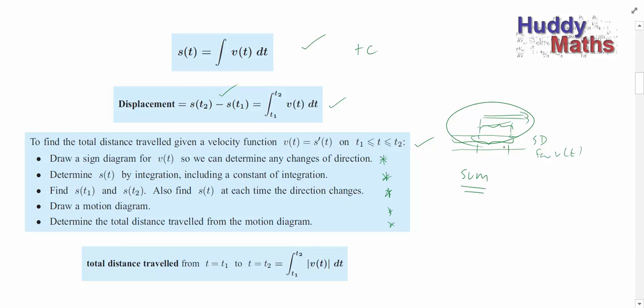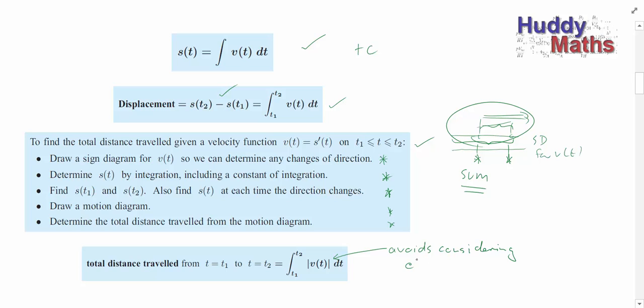Now, if you didn't want to find these stopping points where it changed direction, remember integration where we use the absolute value, or size of the number, or modulus of v. This avoids considering the change in direction.